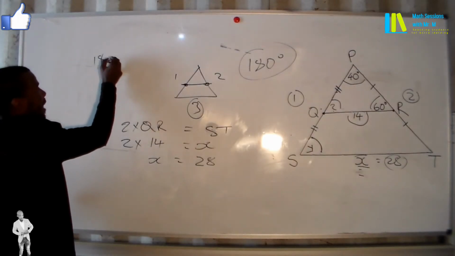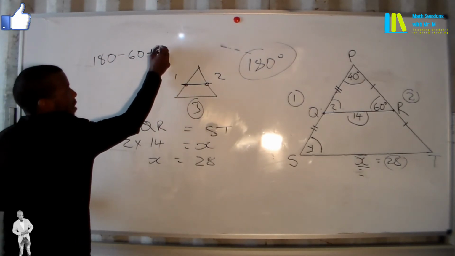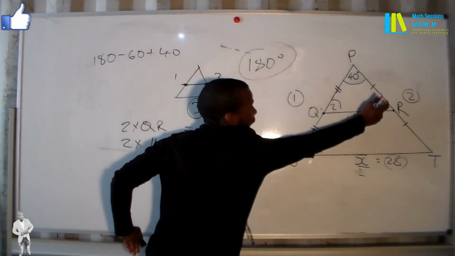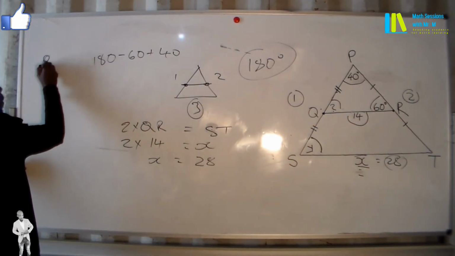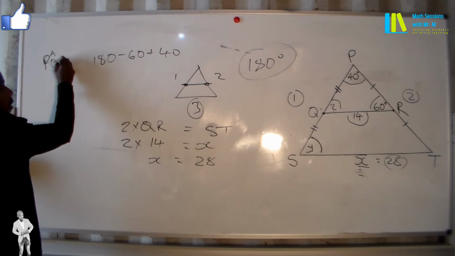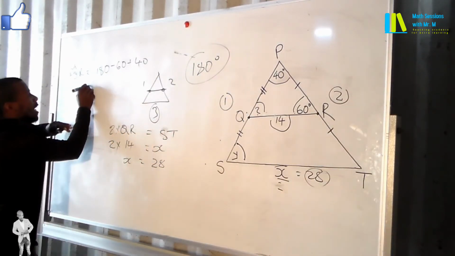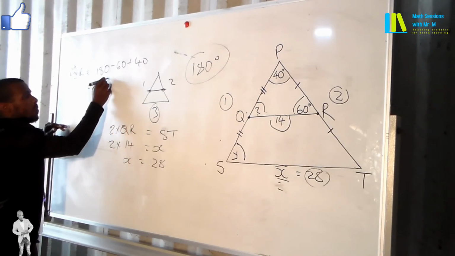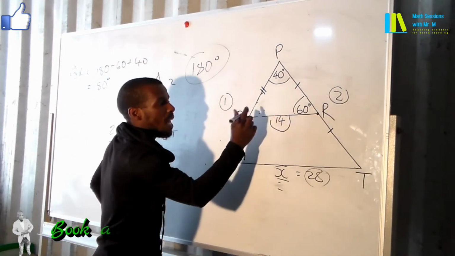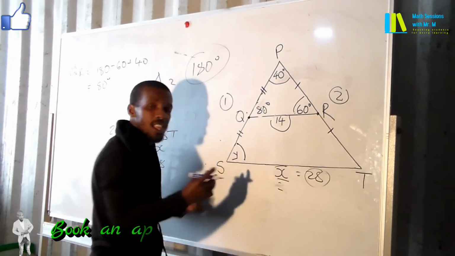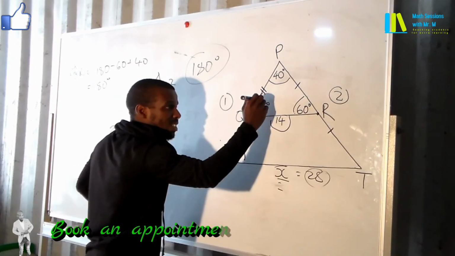We say 180 subtracted by 60 plus 40, which are our known angles, gives our angle PQR. So 180 subtracted by 100 is straightforward: 80 degrees. Now this angle becomes 80 degrees.